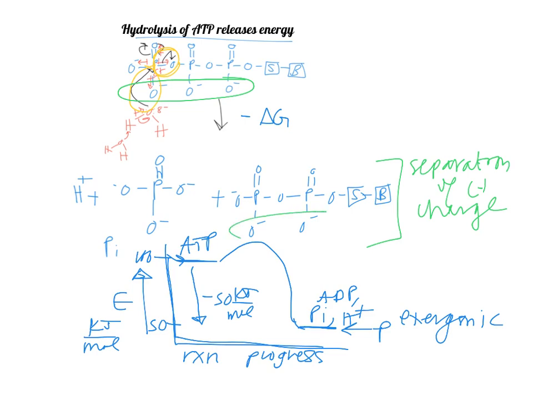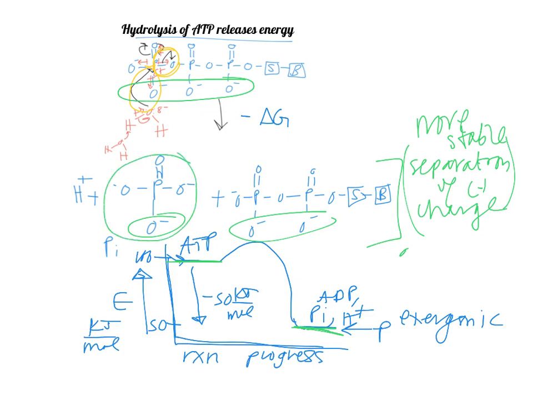And in ADP, we've separated those charges out, so the products are, in this case, more stable or lower in energy. Hence, this bar is lower than that bar. Okay, there's another reason that our products are more stable, and that's because we have more resonance when we separate them out.